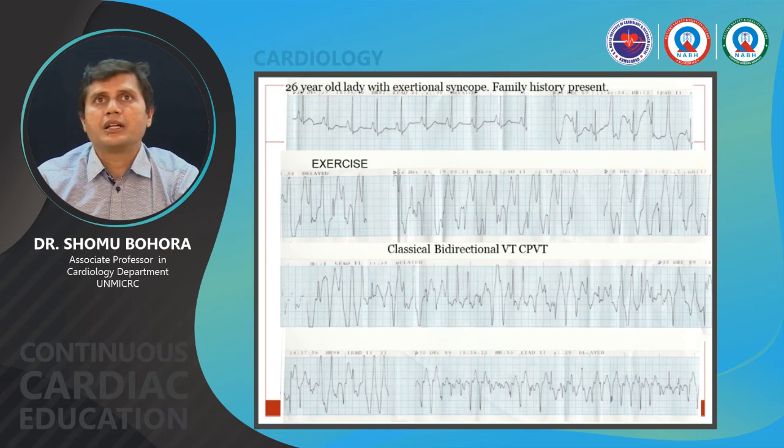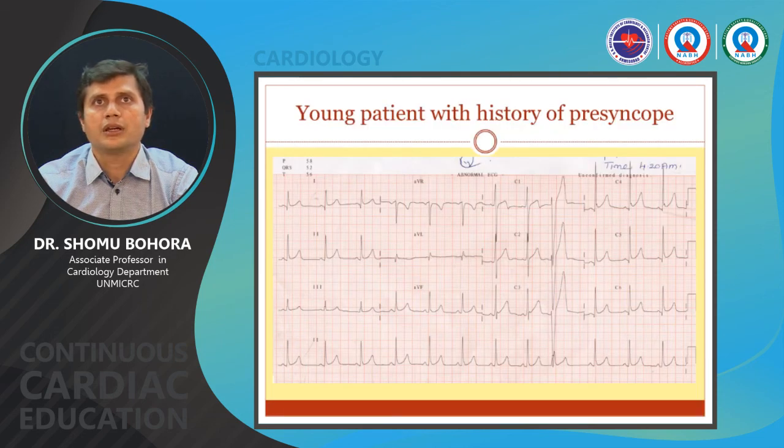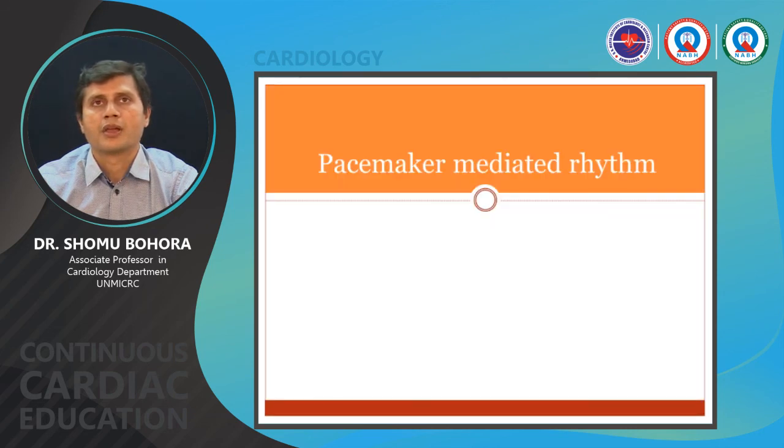In bidirectional VT, the baseline may be normal, but the classical bidirectional VT is likely CPVT or digoxin toxicity. If you have an ERS, early repolarization, especially in the inferior leads, then it is possible that this patient may be a case of early repolarization syndrome.